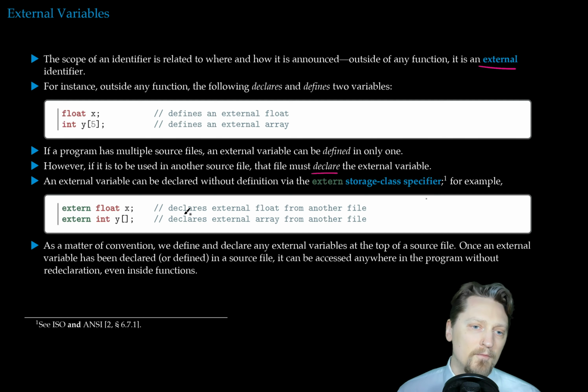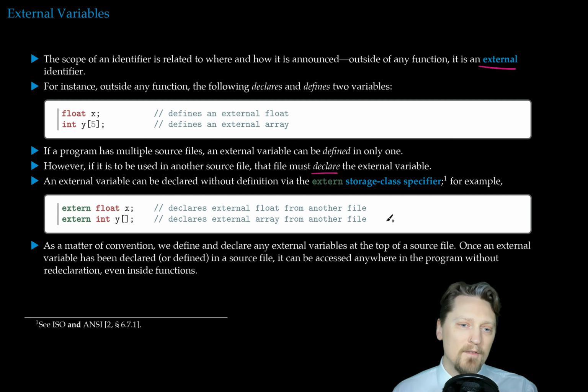For example, extern float x declares an external float from another file. Extern int y[] declares an external array from another file. So you would use this in a file that is going to use a definition from a different file.